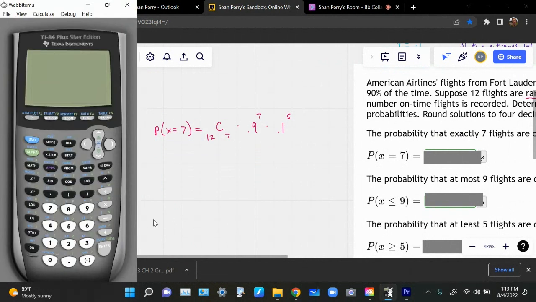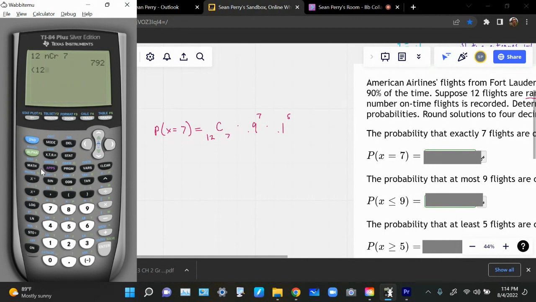Speaking of calculators, let's look at how to do this in the calculator, specifically the 12 choose 7 part. I'm going to first type in the 12, then go to math, over to probability, and down to nCr. Enter, and this will give me 12 choose 7.